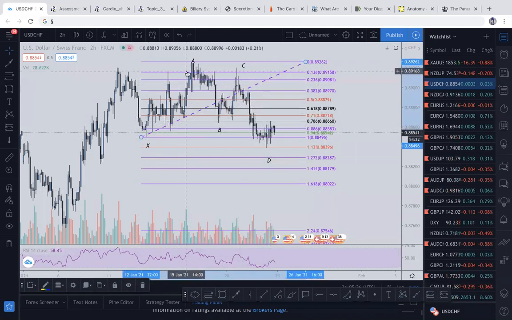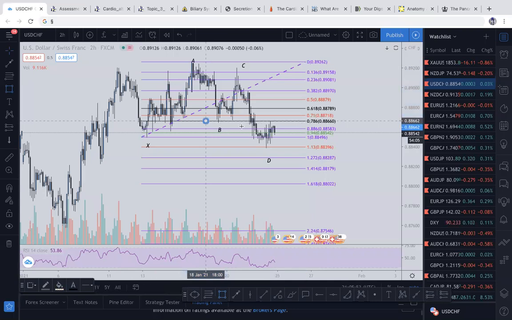From X to A, what do we want B to be? 78.6 and 88 point what? 5. So 78.6, 88.5. We don't want to touch the 88.6. And we can agree that this is lining up perfectly.